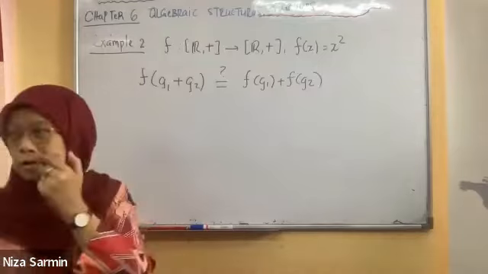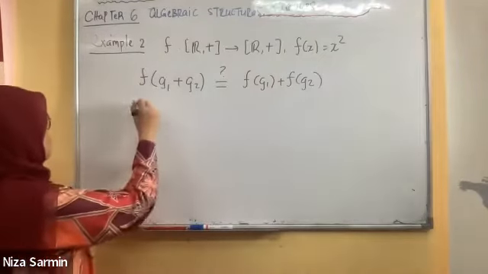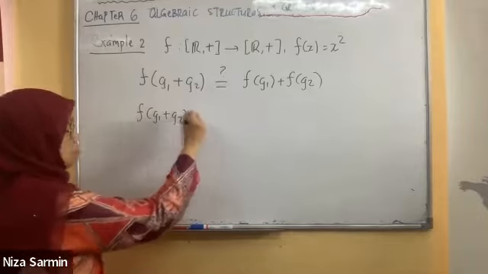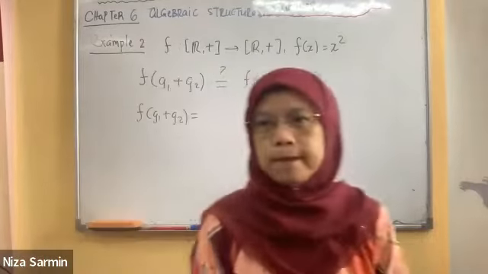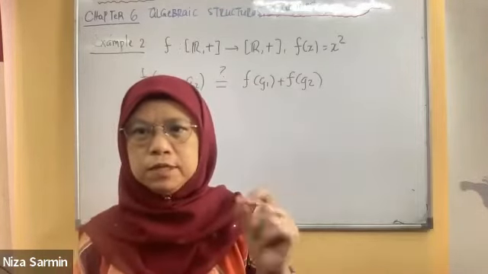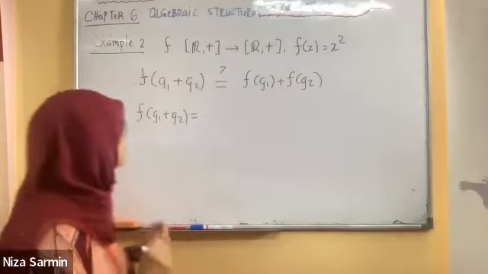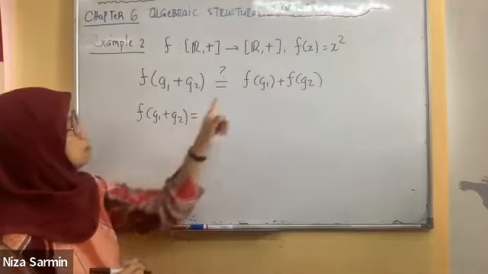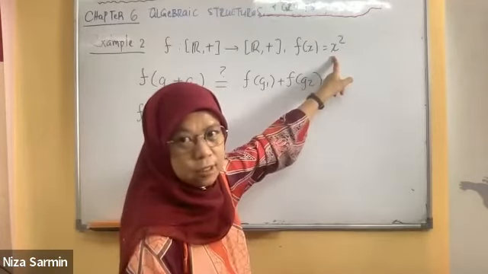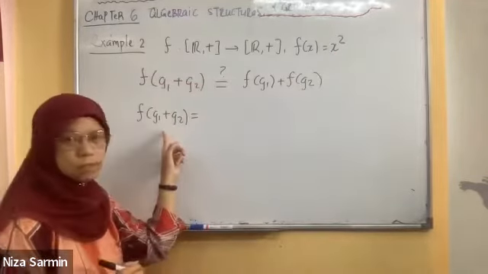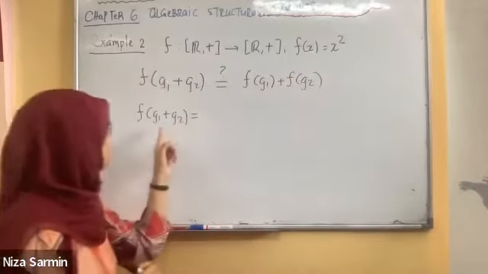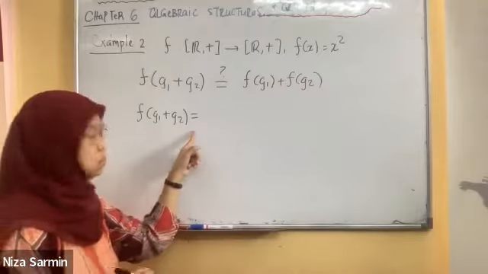And then you take the left-hand side, and then you put what is f of g1 plus g2 inside the formula. Okay, so instead of x, we have g1 plus g2.